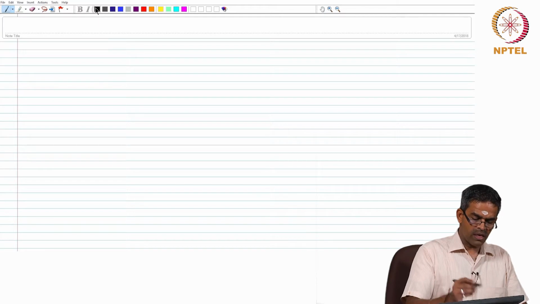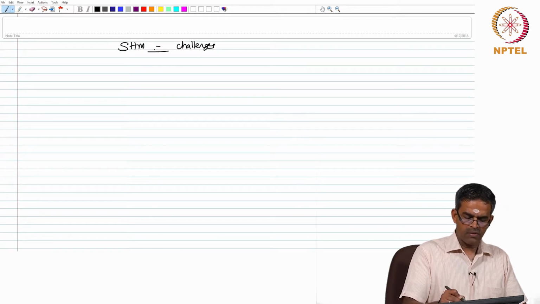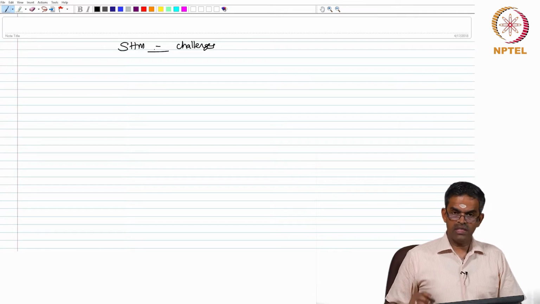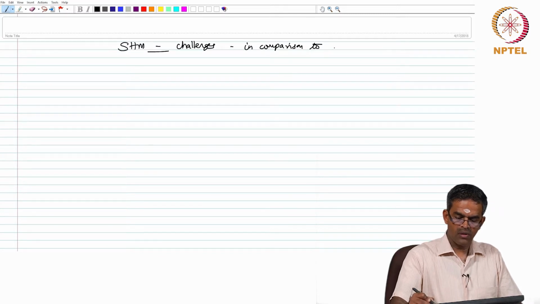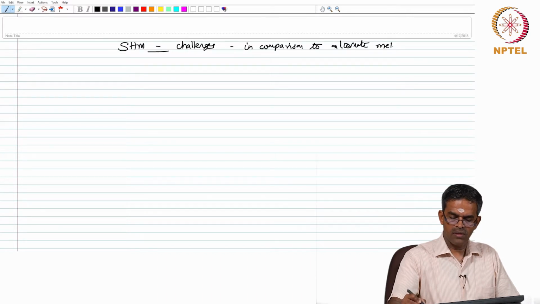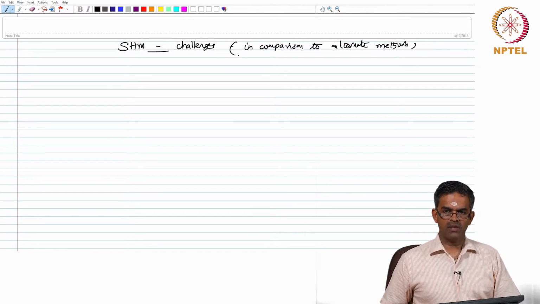Now, let us take a question of structural health monitoring challenges. We already discussed this in the previous module as well, but this will be in comparison to alternate methods for health monitoring. Maybe for example, visual inspection is also one of the methods based on which a structural health monitoring can be done.